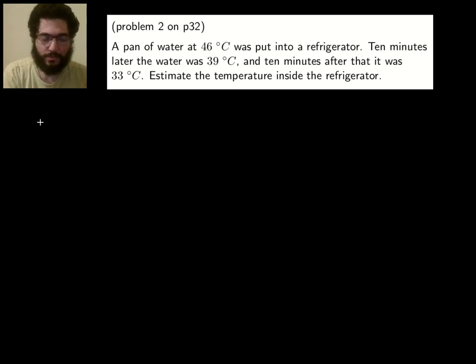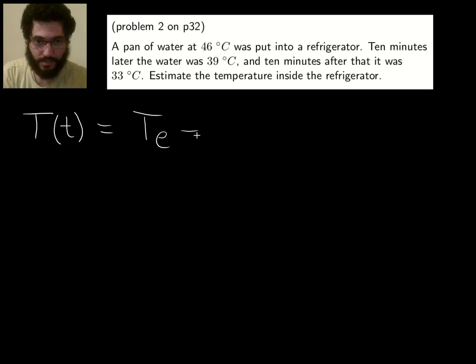Okay, so we had our solution from before. We solved Newton's law of cooling, so we knew that no matter what the situation was, we had this for our general solution. So I'm going to give you one way to think about this, but it's not really the best way, but it's a decent way.